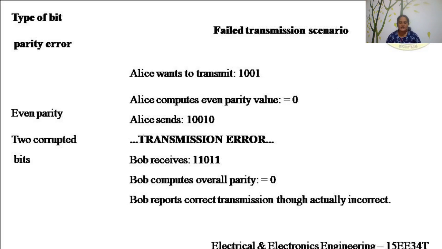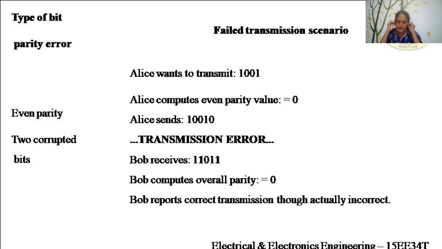Let me take this condition. Alice wants to send 1001. She adds the parity bit as 0 for even parity. She sends the data as 10010. I will change 2 bits in the data.